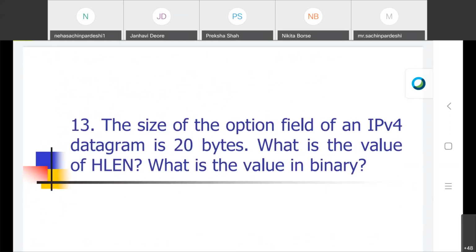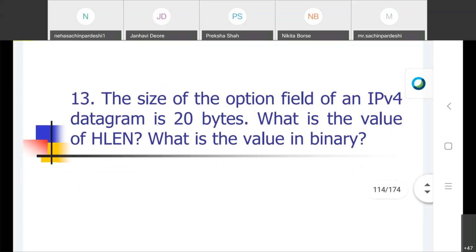Next, the size of the option field of an IPv4 datagram is 20 bytes. What is the value of the header length in binary? The option field size is given, 20 bytes, and the header size is 20 bytes. So 20 plus 20 is 40.